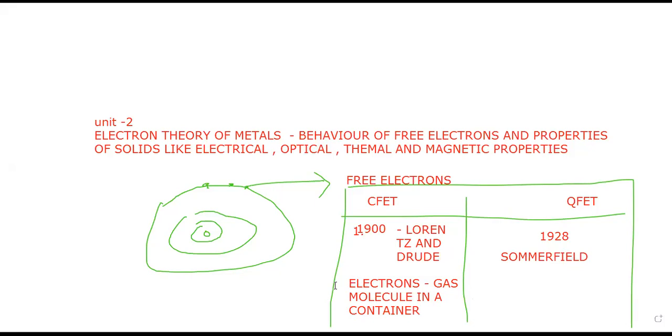According to classical free electron theory, electrons are compared with gas molecules in a vessel or container. According to quantum free electron theory, electrons are compared with a quantum particle, that is called a fermion.